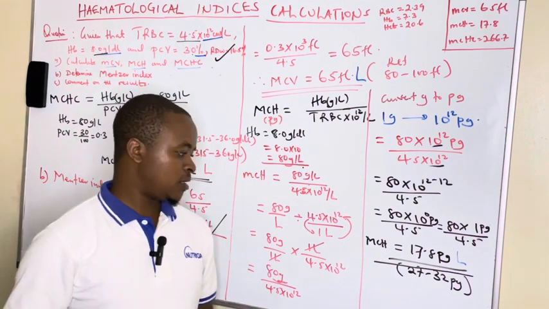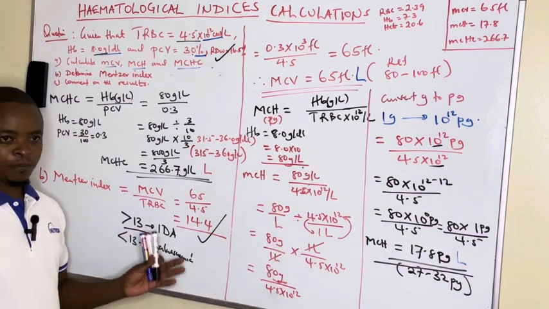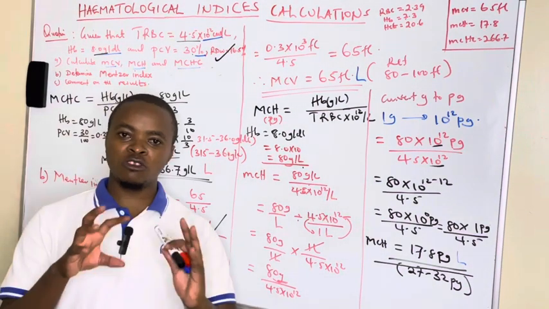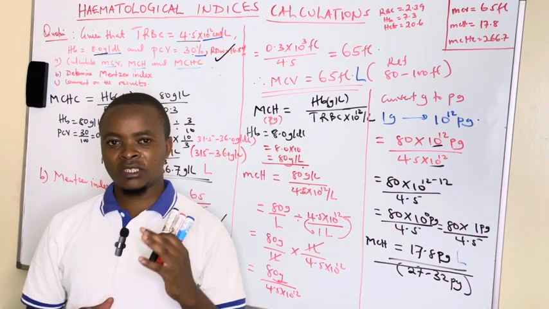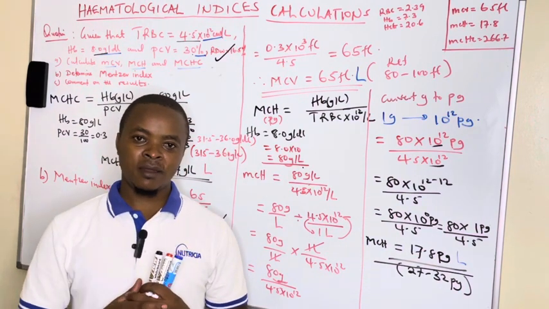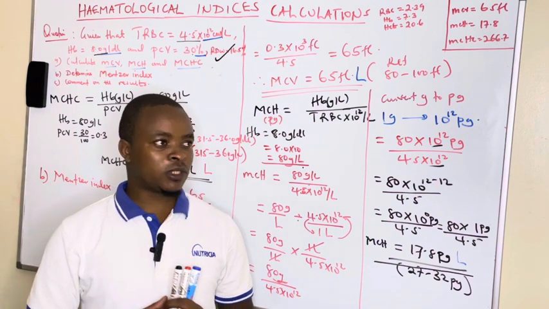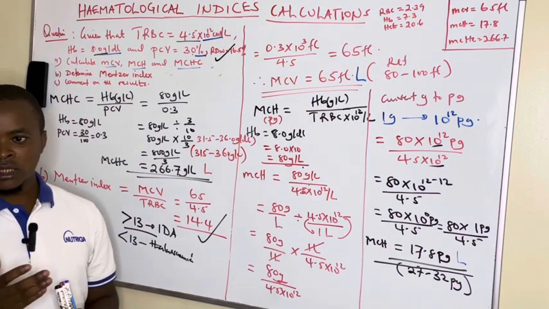They suggest; they are a differential. Here we are just distinguishing between thalassemia and iron deficiency. But if we want to confirm iron deficiency, we do the serum iron profile, which is the ferritin, transferrin, and total iron binding capacity. So this is how we can always calculate these hematological indices.